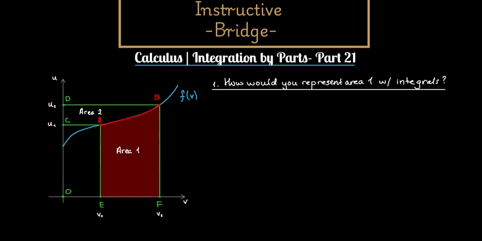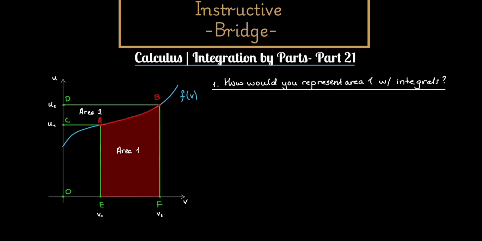Now, the first question I'd like for you to answer is, how would you represent area 1 with integrals? As you know, bounded integrals, or in other terms, definite integrals, are used to find areas under the curves. So in this case, we have the area from v1 to v2 of the function f of v.